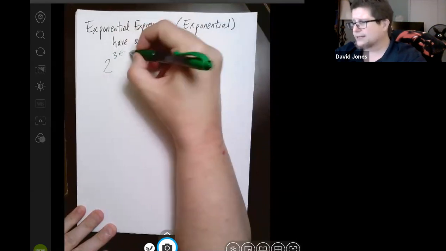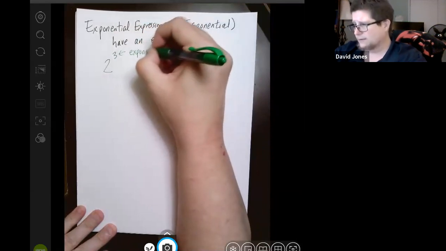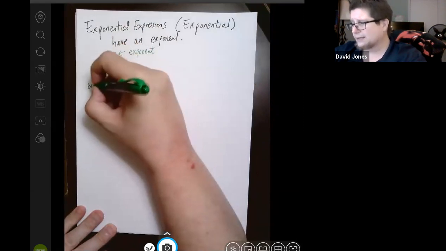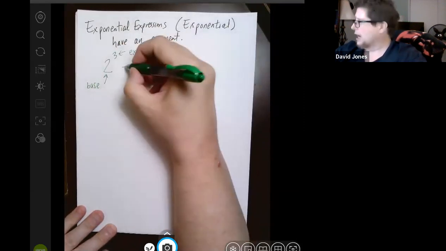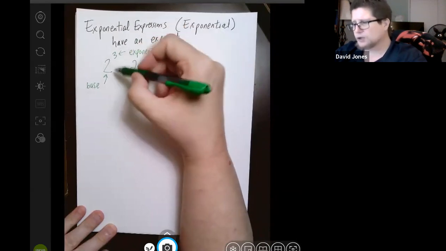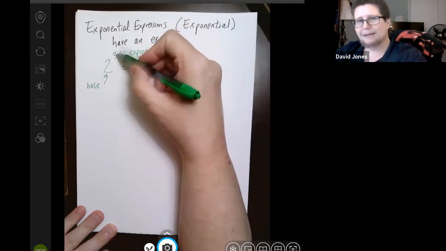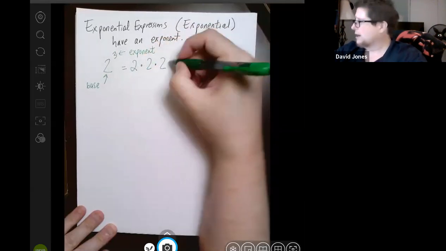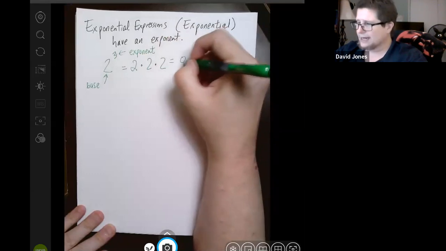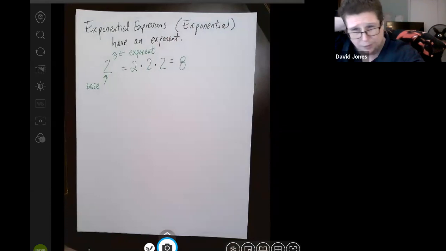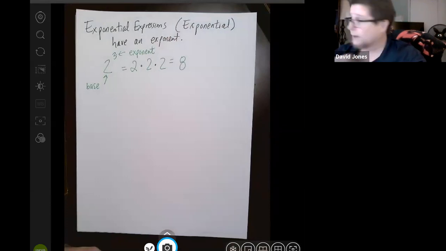Here, the 3 is the exponent. The 2 is called the base. And what this really says is take the base and multiply it by itself that many times. So 2 times 2 times 2. And if we multiply that out, it equals 8. So for some exponential expressions, we don't even need the exponent. We can rewrite it without the exponent.